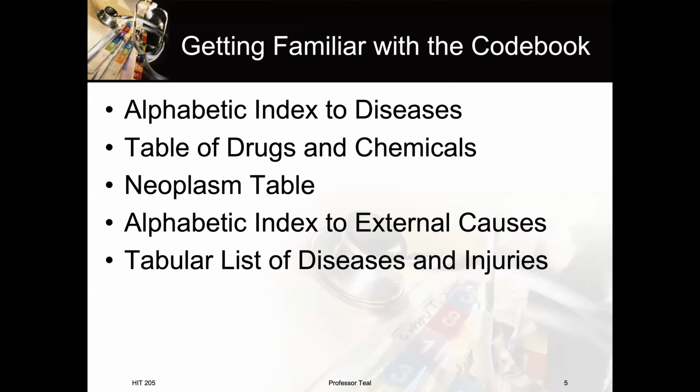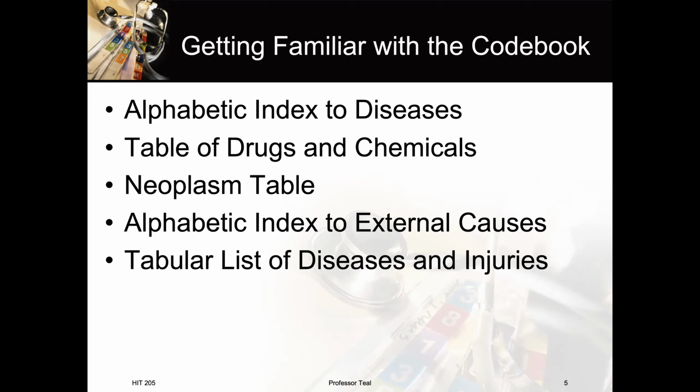Those are the sections that you really need to know. And if that means putting little sticky notes to divide your sections up to help you find them easily, then that might be helpful for you. But you do need to be savvy with the code book in order to look up your codes.